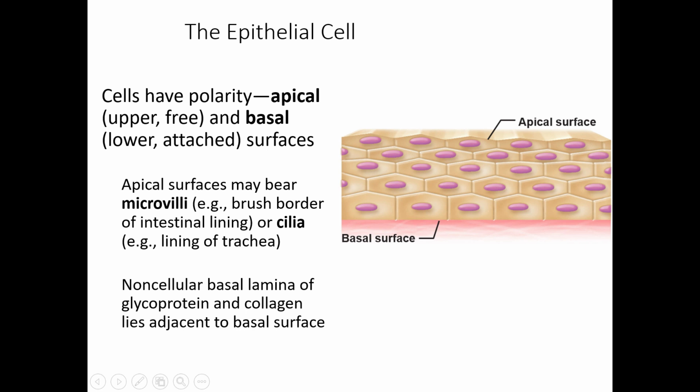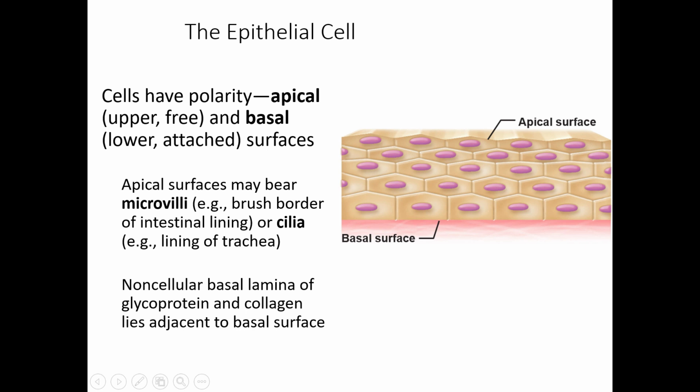Another layer of cells is called the basal layer because it's sitting on a structure called the basal membrane. And so basal and apical surface, that is called polarity. Cells have polarity. On that apical or free surface, sometimes there will be microvilli or cilia, sometimes not.